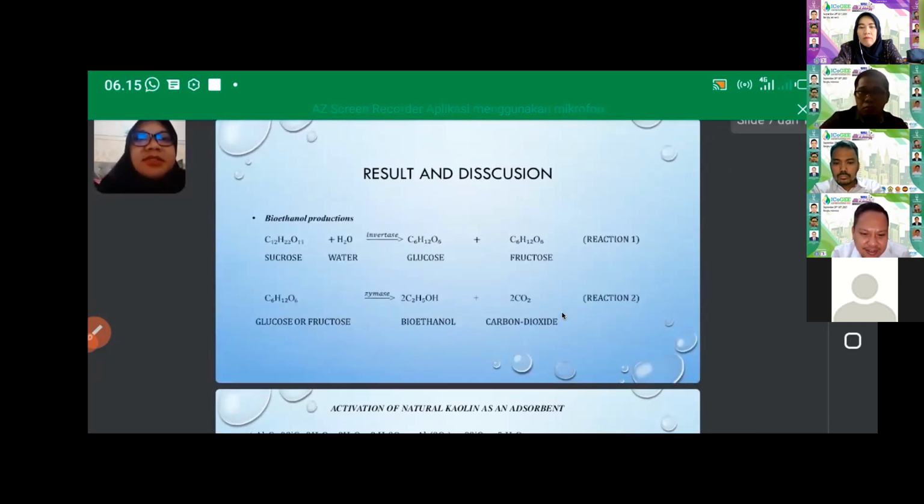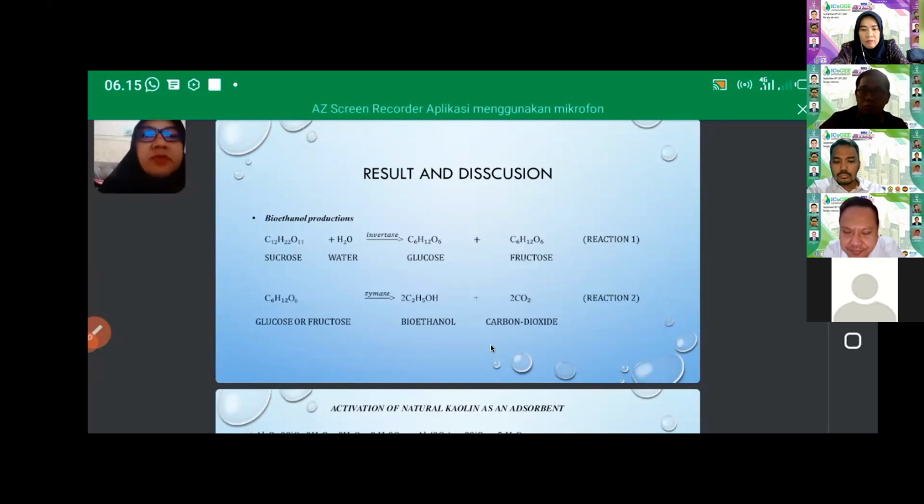Result and discussion. This reaction is bioethanol production. Reaction 1 is the hydrolysis process: sucrose and water are converted to glucose and fructose.